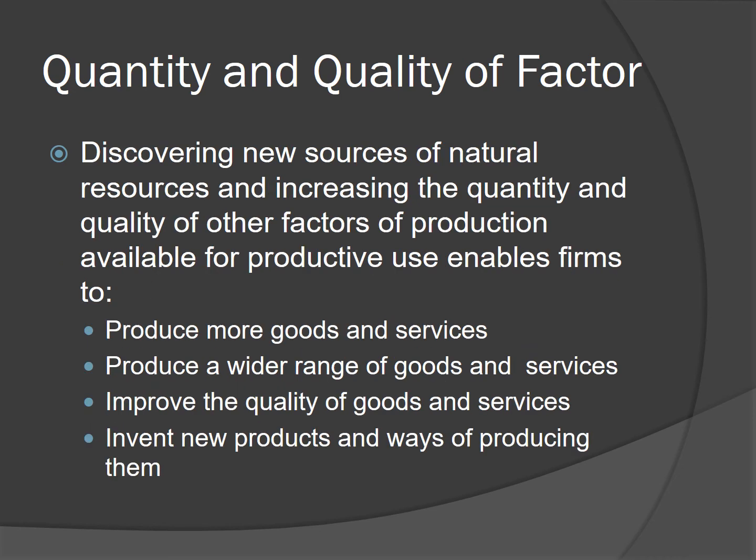Discovering new sources of natural resources and increasing the quantity and quality of other factors of production available for productive use enable firms to produce more goods and services, produce a wider range of goods and services, improve the quality of goods and services, and invent new products and ways of producing them.